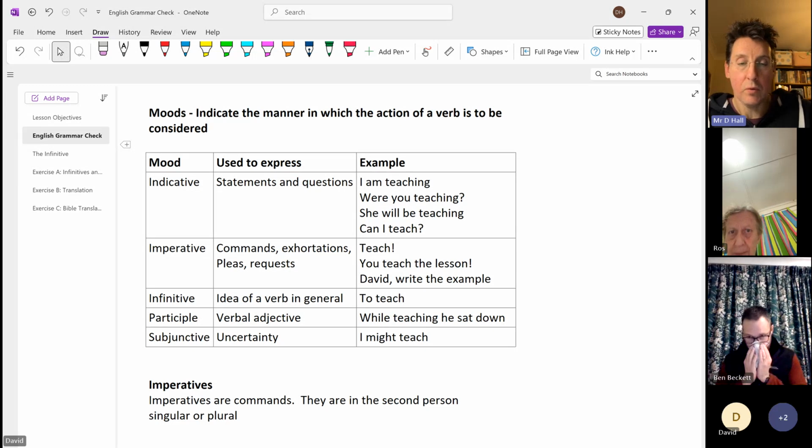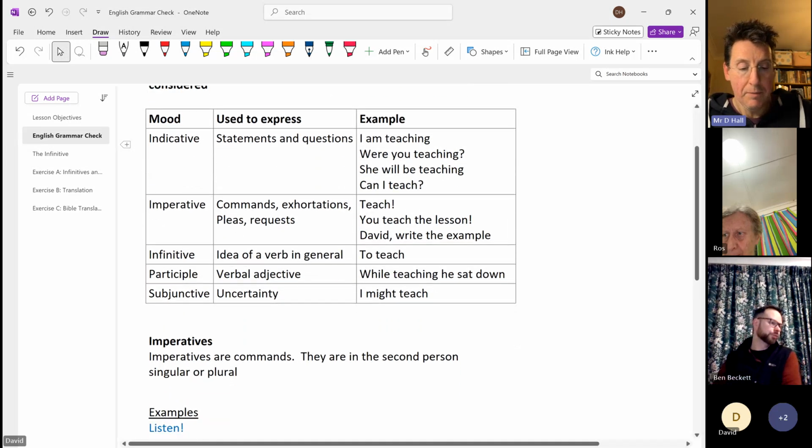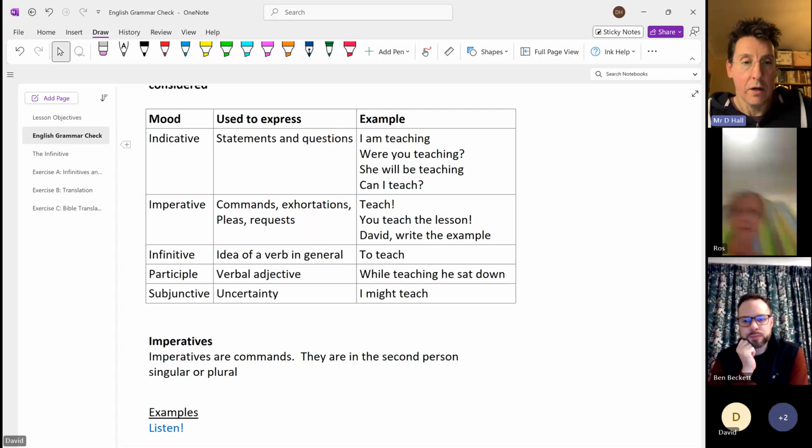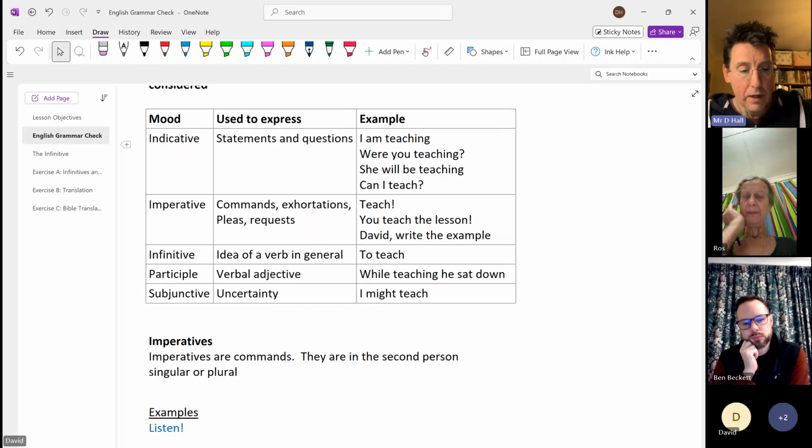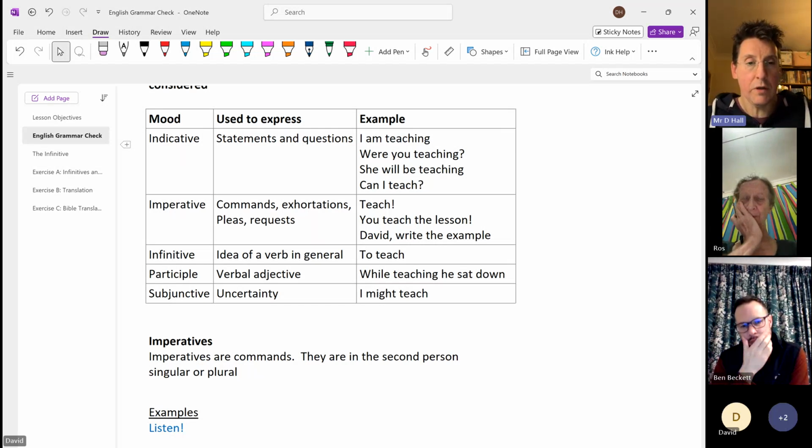But it's quite simple to spot. It's got a little bit of variety in terms of where it can come up in a particular sentence. And then there are participles, which we'll look at next, and then subjunctives, which come up sometime later, which are to do with uncertainty. So you might do something. So those are lots of different moods that we need to cover in terms of our understanding of our own sentences and our own speech and language.